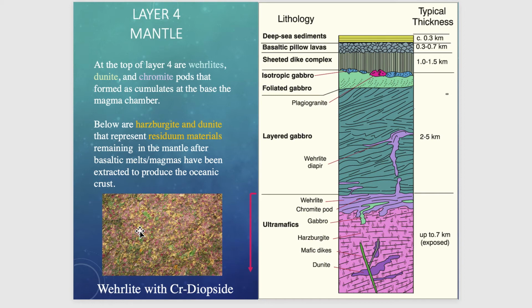Other types of rocks include more restitic rocks, so rocks that have seen quite a bit of partial melting, so the magma separates and goes and forms the basalts in the oceanic crust, the pillow basalts. But what's left usually are the harzburgites and also the dunites.